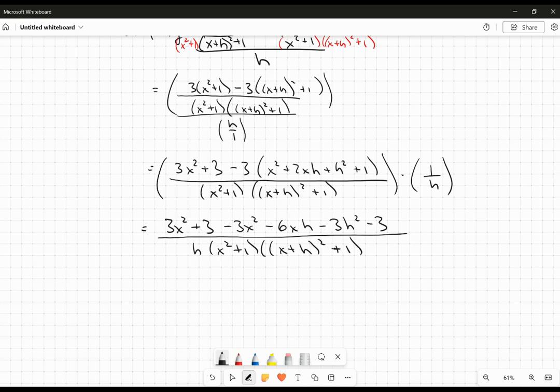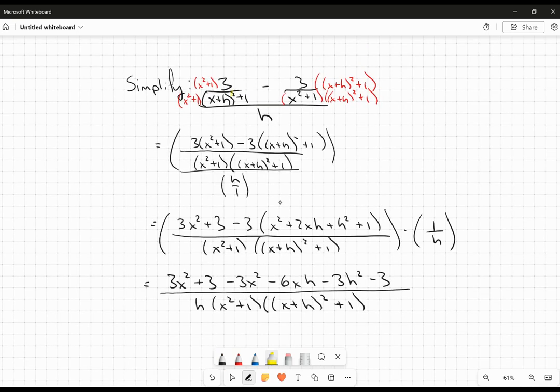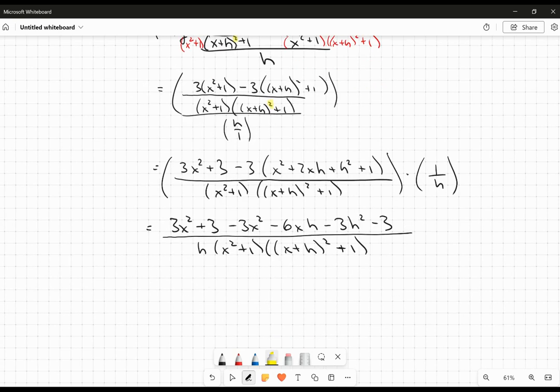And bear in mind right from the beginning that the square sits outside the x plus h. I've seen lots of students inadvertently move that square in, but it changes the whole expression once you do that. So you just have to watch out for that.